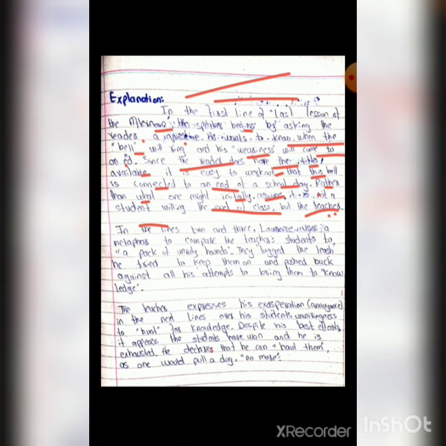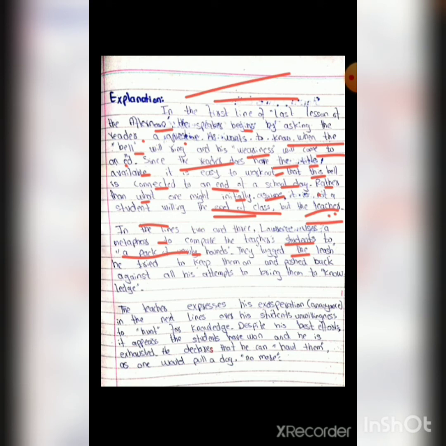Right. So in these lines 2 and 3, Lawrence uses a metaphor to compare the teacher's students to a pack of unruly hounds. Okay? Now he has used a metaphor of a pack of unruly hounds. That means hounds means dogs. Okay? So बच्चों को क्या किससे तशबीह दे रहा है? A pack of hounds or dogs. Okay? Who don't listen. They tugged the leash.